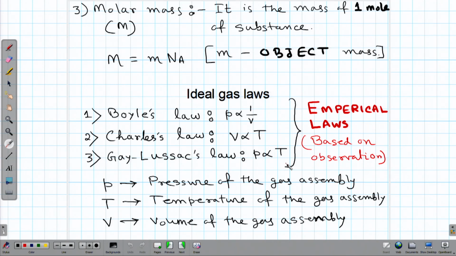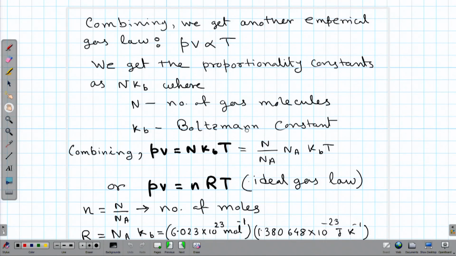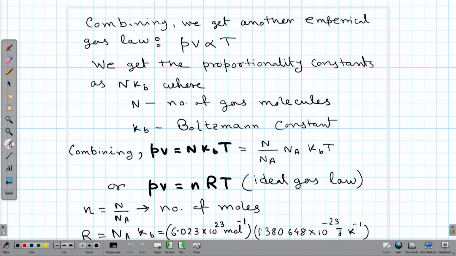So, these three laws are there. Now, let us assume a situation in which pressure, temperature and volume, these three parameters in a gas assembly, are all changing together. Then, combining these three laws, we get what is called the ideal gas law. What is the ideal gas law? The product PV is proportional to T when P, V and T are all varying together.